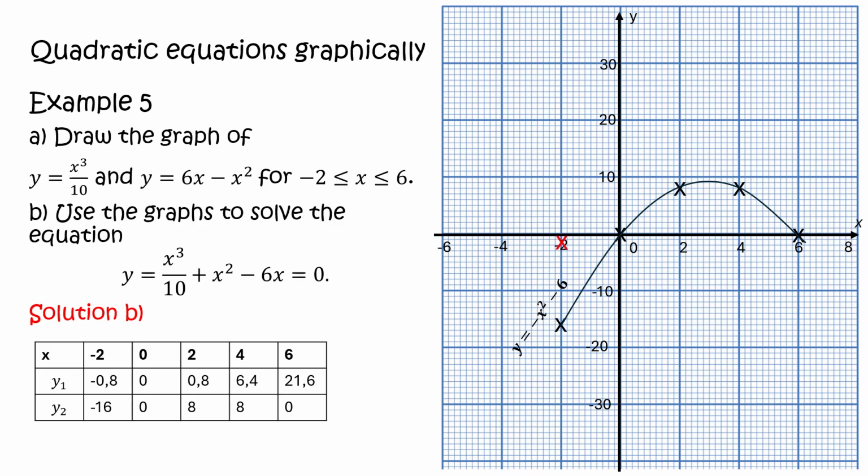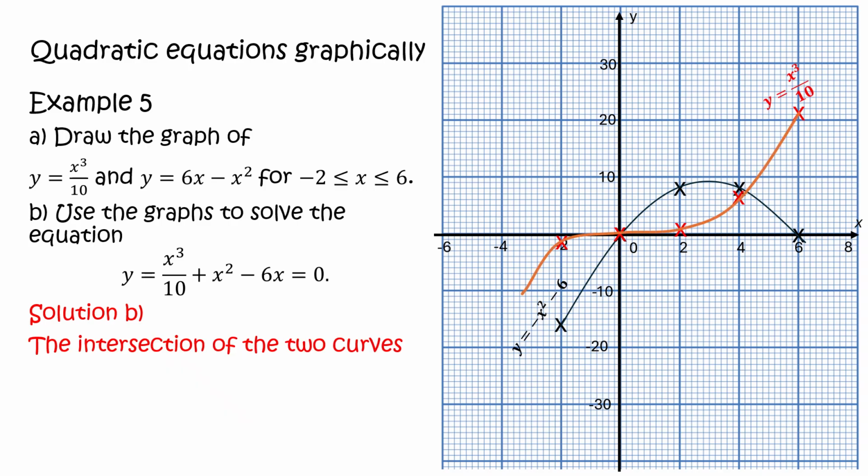So the cubic one, for the first point is -2, -0.8, which is located there. Then we also have 0, 0. We have 2 with the 0.8 and 4 and 6.4, 6 and 21.6. We connect all the points with the smooth curve. Now we look at the point of intersection between the graphs.